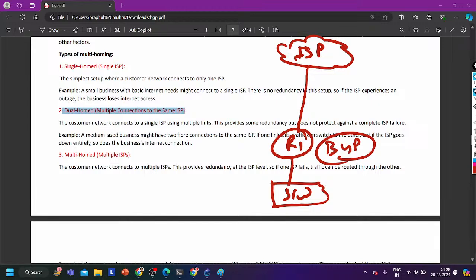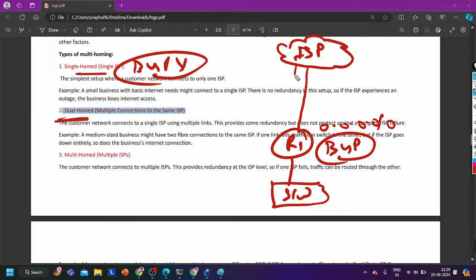Guys, are you using the BGP routing protocol on your home router? No. And is BGP required there? Definitely no. BGP is not required there, right? Because there is only one path, one ISP. I can configure the default route. That's it. So in single home, BGP is not required. In multi-home, if we have two connections, is BGP required?